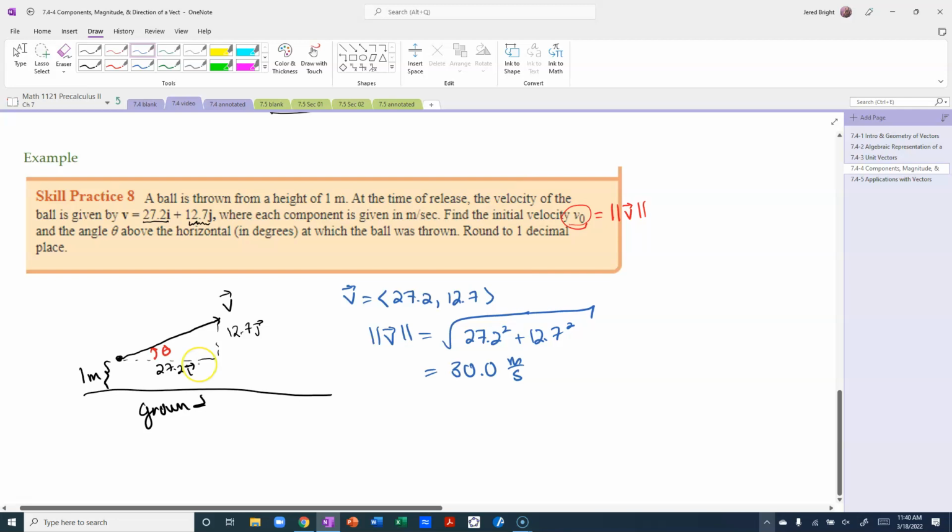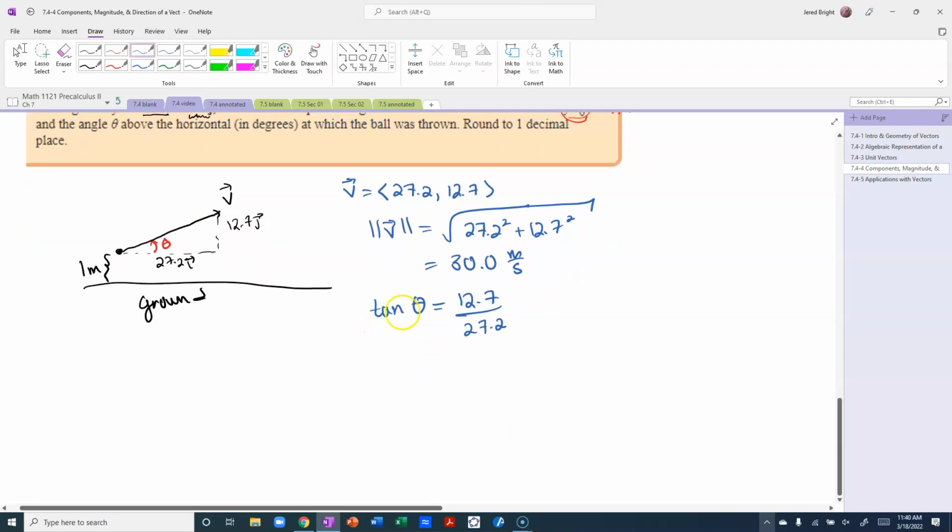Now for theta, I know that tangent of theta is going to be equal to 12.7 over 27.2. Then solve for theta by doing the inverse tangent function. So arctangent of 12.7 over 27.2. If you do this, you get approximately 25 degrees.